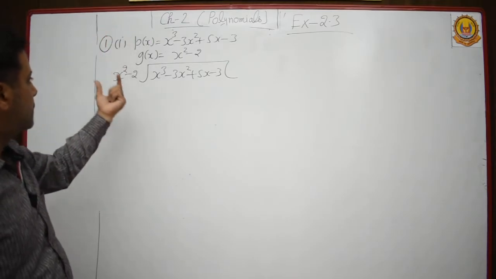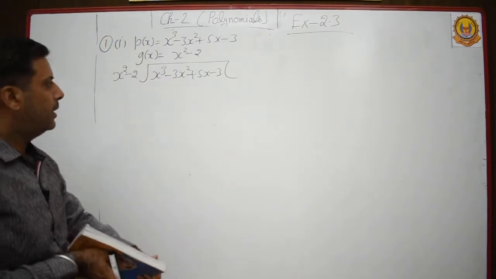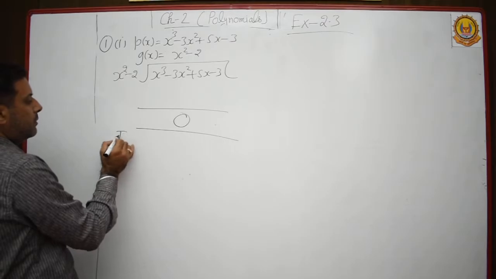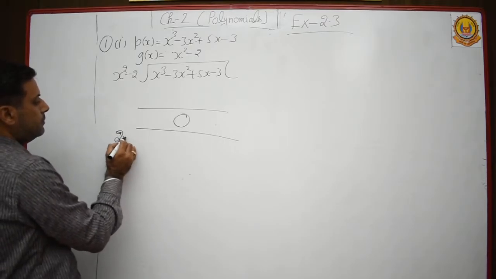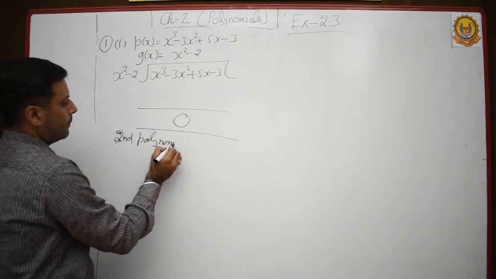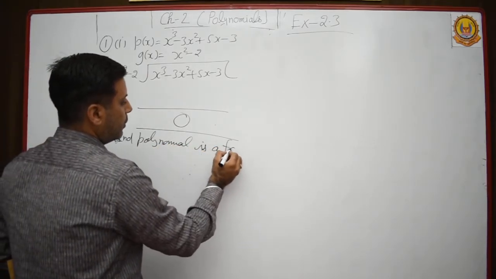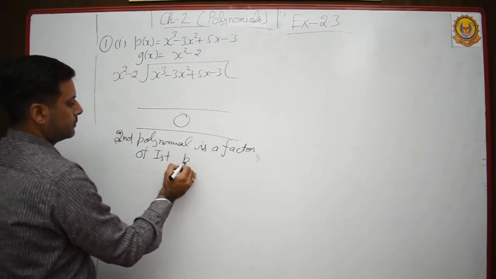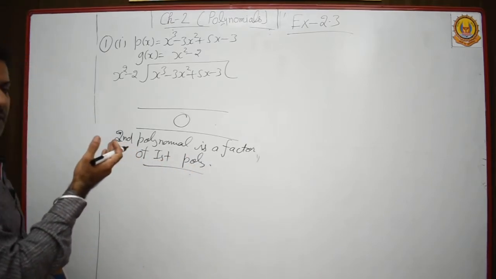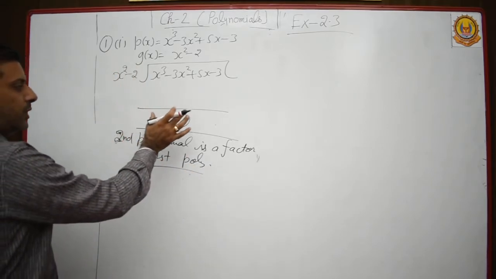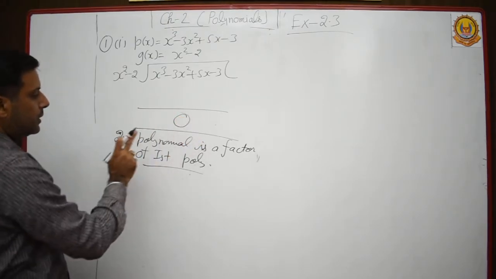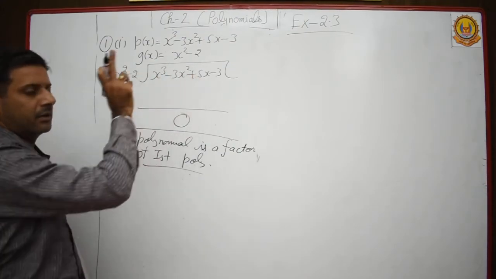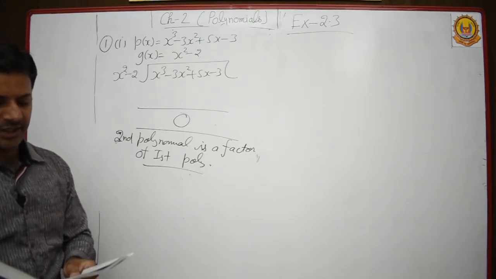So simply you have to divide by the long division method, and when the remainder becomes 0, then the second polynomial is a factor of the first polynomial. When you divide the two polynomials and you get the remainder 0, then the divisor is a factor of the dividend. So this is the meaning of this question. So by dividing you can check it.